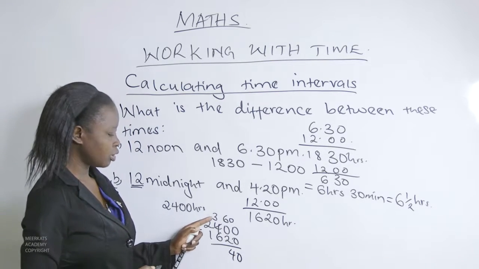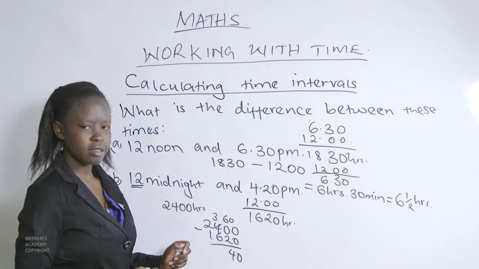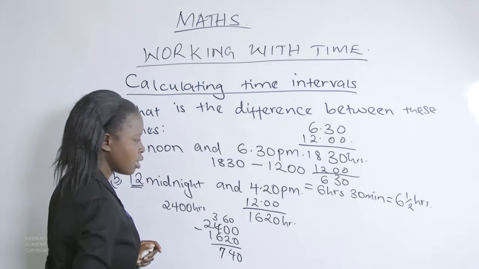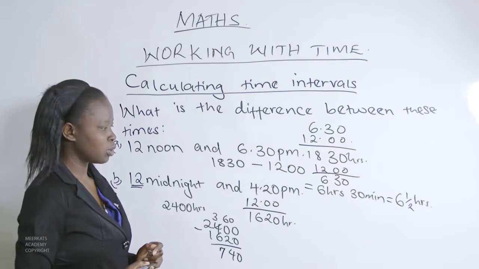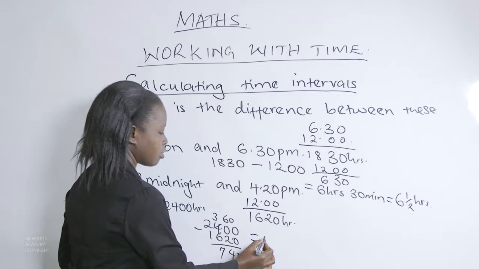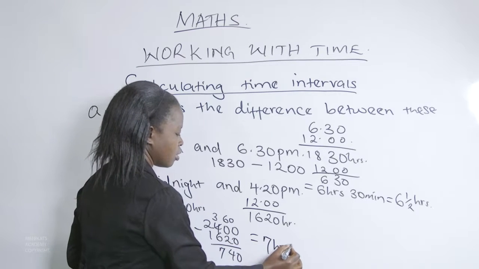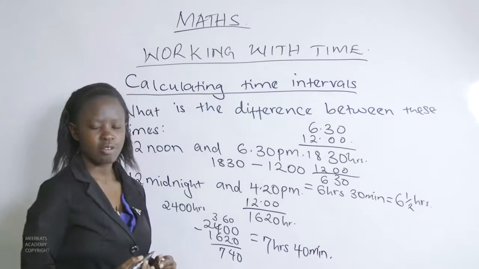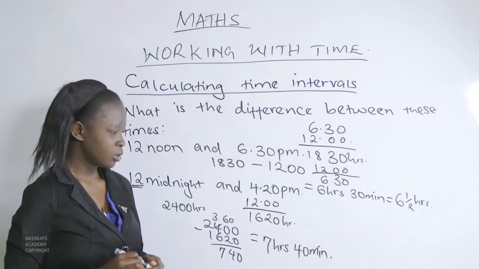Then 23 hours minus 16 hours. This gives us 7 hours. So the difference between the two times then is 7 hours, 40 minutes as the difference between the two times.